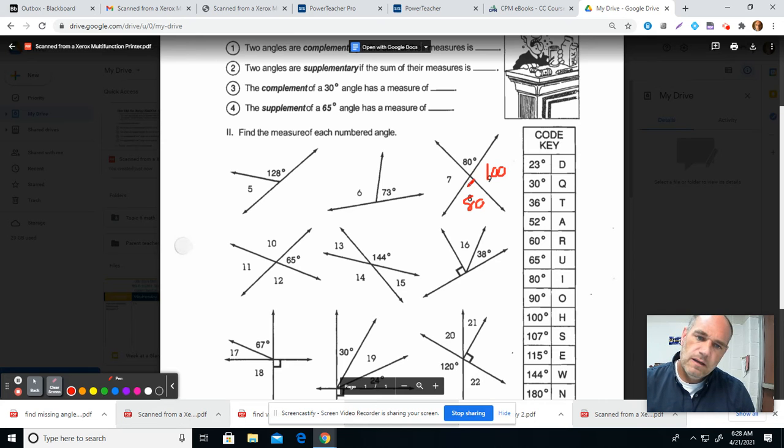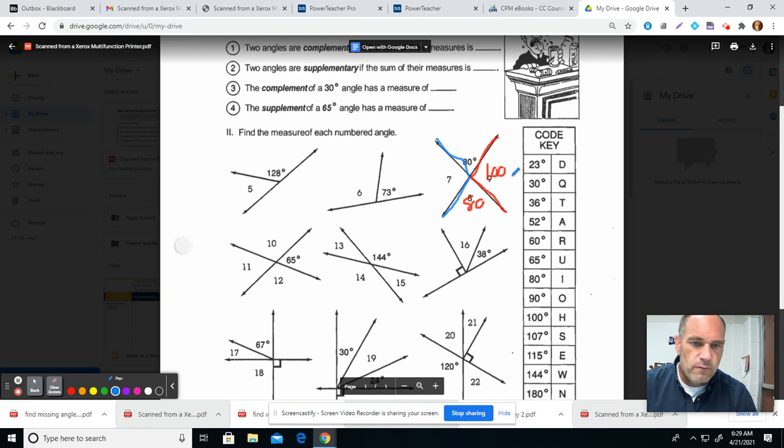Now notice, once again, when I have two lines that intersect, the angles opposite each other are equal, because this one, I could flip right over onto this one and it would land right on it. So this angle right here, if I took it, I could flip it right over onto angle 7. It would land right on here exactly.